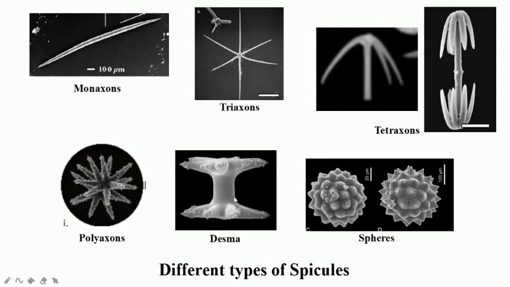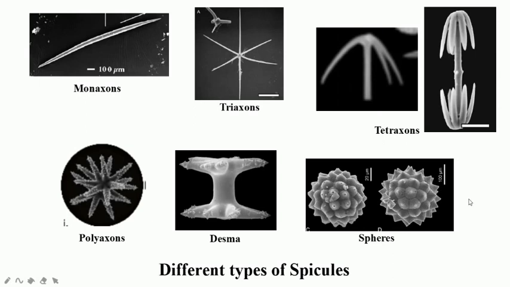So they become siliceous, or more dense, by the deposition of successive layers of silica on either monoaxon, triaxon, or tetraxon. So this is another form of spicules.